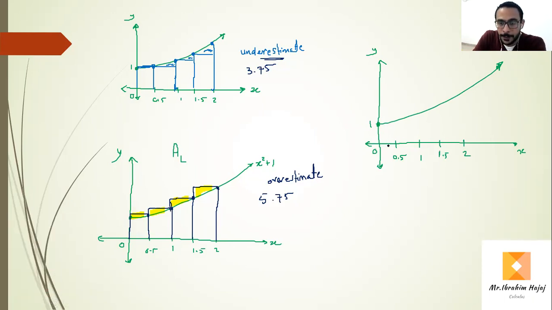Yes, the midpoint here, now the midpoint between here 0.25 and here, right? And 0.75 and here and 1.25 and here and 1.75 and here, right? Yes, and draw your rectangles. Approximately, yes. It shouldn't be part below and part above.